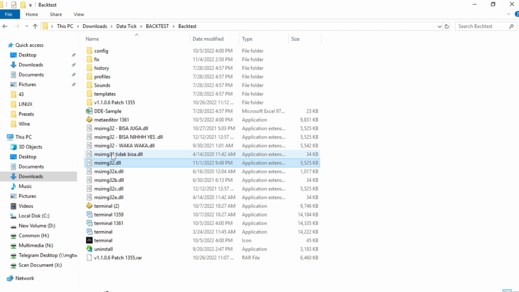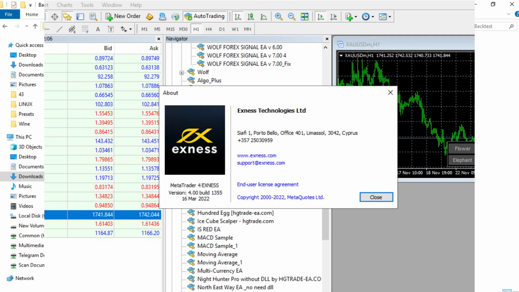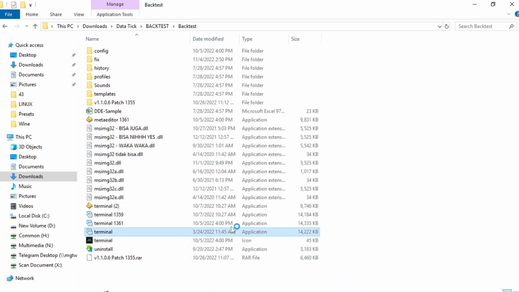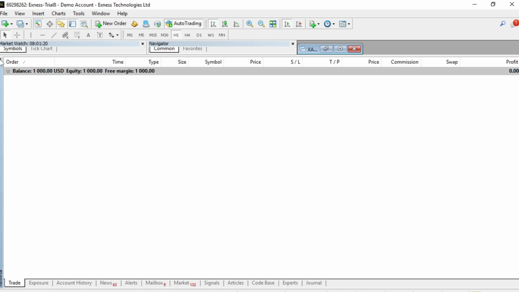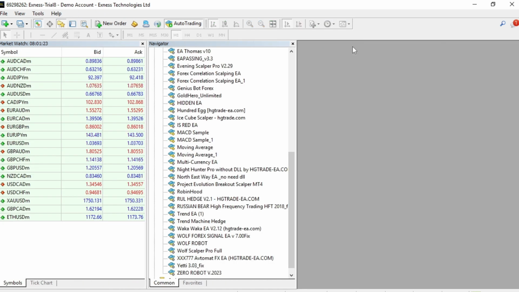And I will run the terminal. For the terminal that I used, version 4.00 build 1355. Okay, the MT4 terminal has successfully opened. I will open an expert advisor for gold ounce per US dollar pair with the H1 time frame.